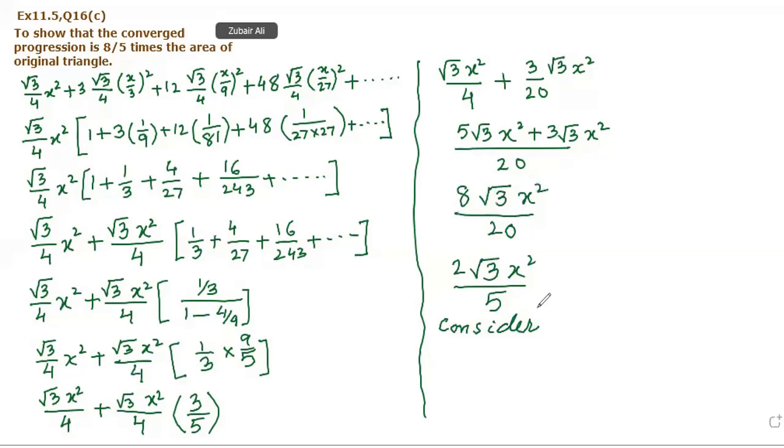Okay, so now we will consider that the converged area is equal to A times the original triangle area.